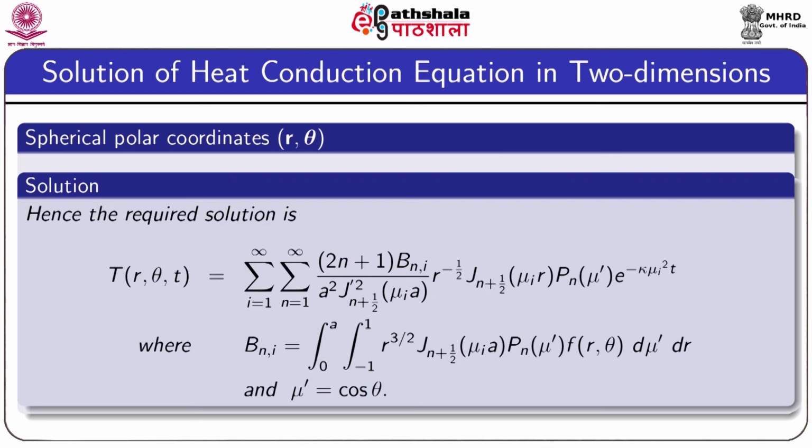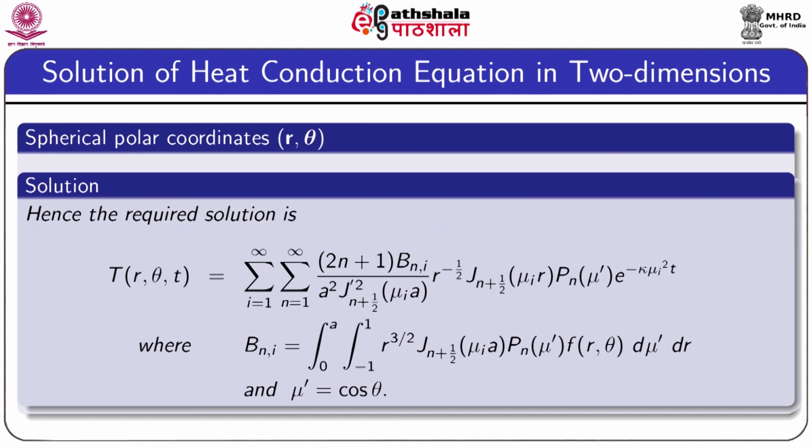Hence, the required solution is T is sum over i, sum over n, (2n+1)/a², b_ni by J'² (μ_i a) into r to the power minus half, J_{n+1/2}(μ_i r) P_n(μ') e to the power minus κμ_i² t.